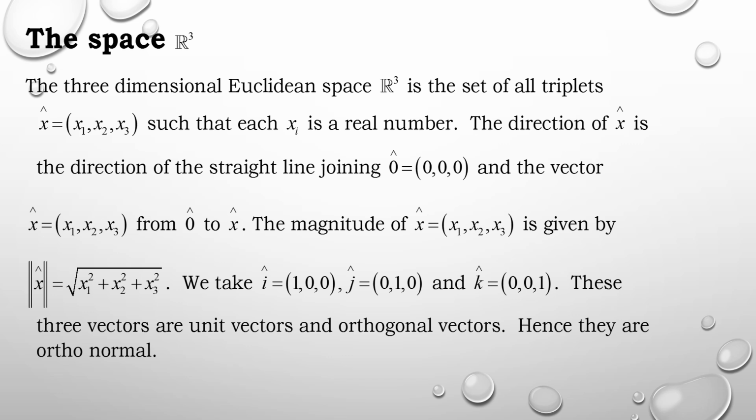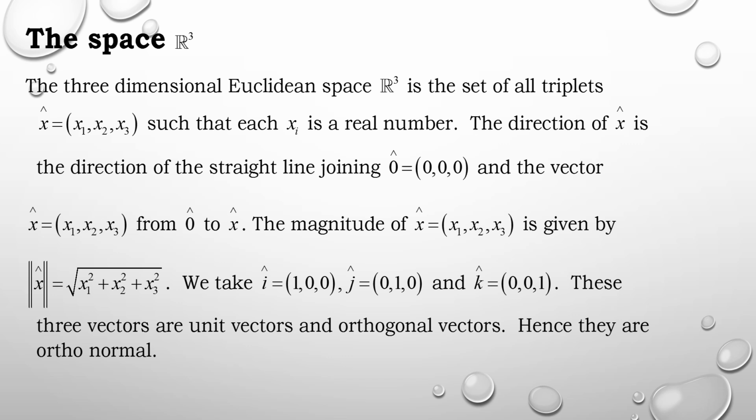If we take the dot product between i cap and j cap, that is 0. Similarly, the dot product between j cap and k cap is also 0. i cap dot k cap is also 0. So here i dot i is 1, j dot j is 1, k dot k is also 1.